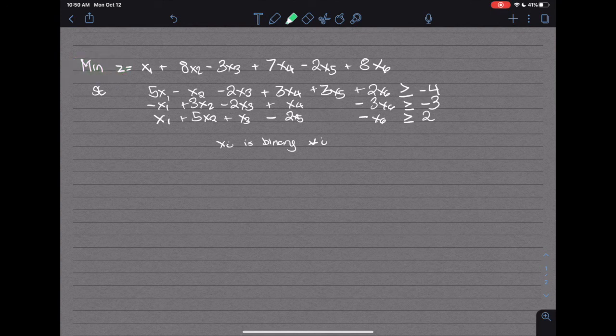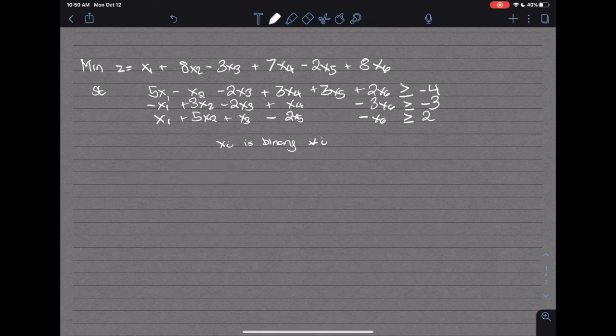But just for a quick review, if your problem is a maximization problem, this is just similar to minimize negative z, if you recall from IE 41.